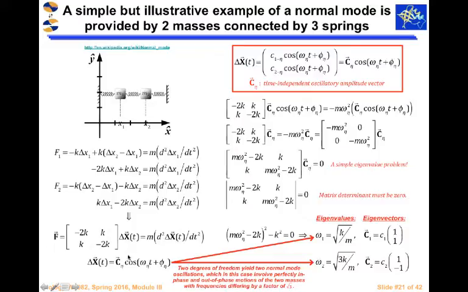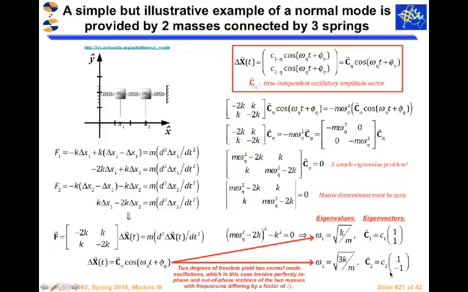So basically, we can mix this solution. In the classical system, there's no quantization. Of course, in the molecule, there's going to be quantization. In the classical system, we could mix this normal mode in some amplitude with that normal mode. That's why we have these coefficients here, C1, C2. If we change C1, the relative motion of the two masses will not change. If we change C2 in that normal mode, the relative motion does change.